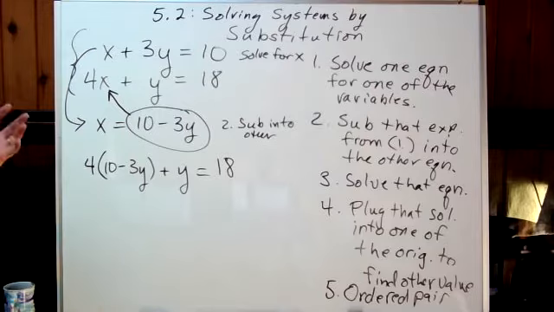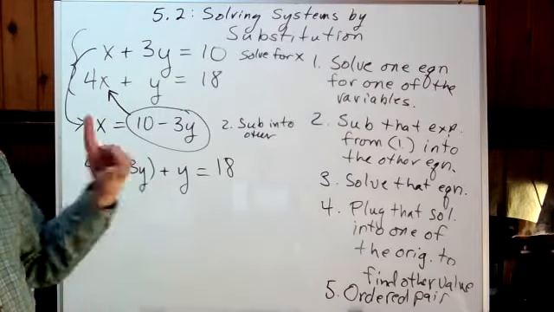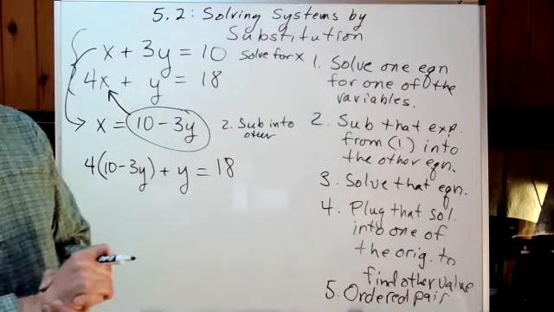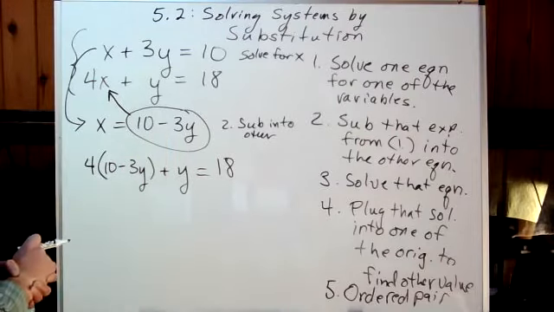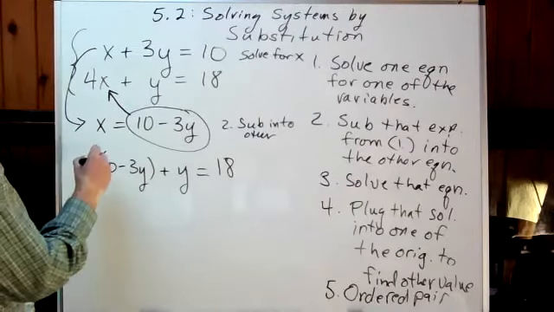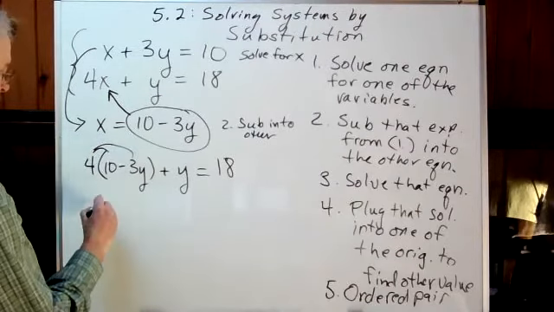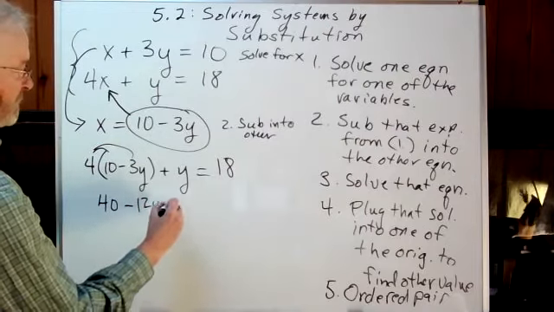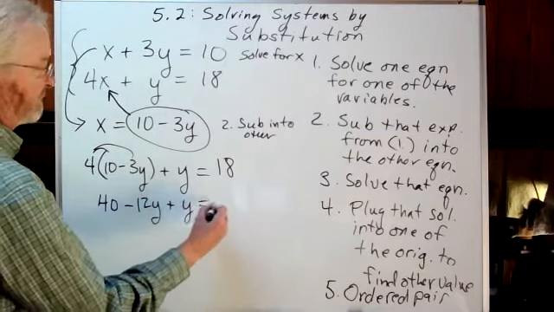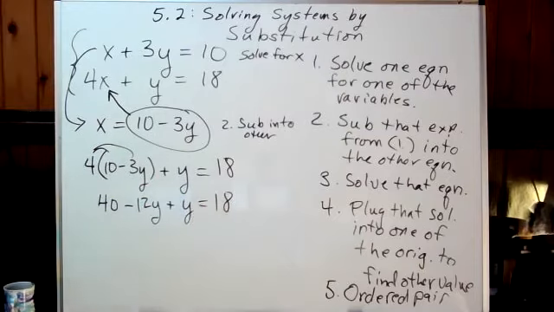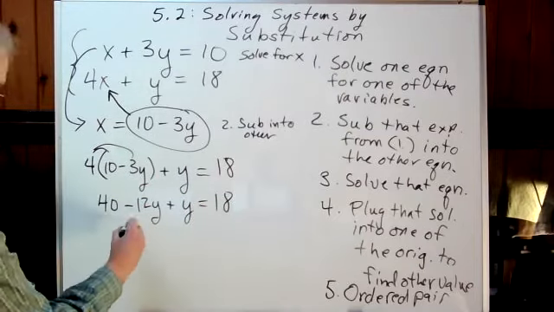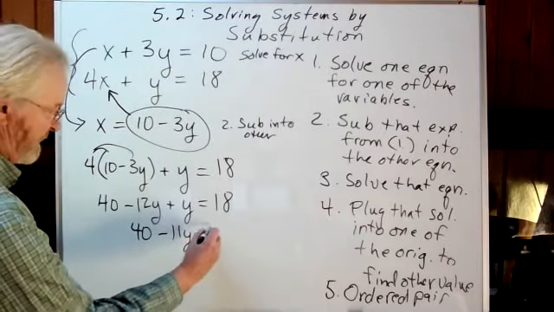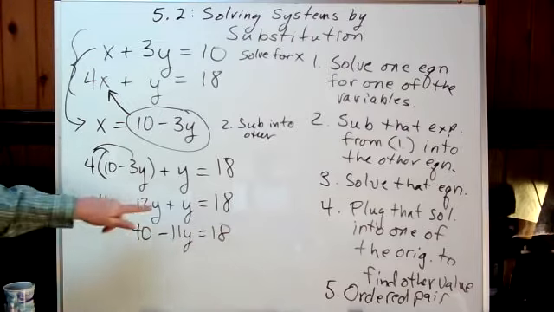Now I'm down to an equation that has only one kind of variable in it, y, and we know how to solve that. I'll find the y value. So here I've got to do my distributing. 40 minus 12y plus another y equals 18. 40 minus 11y, combining those y's, like terms.